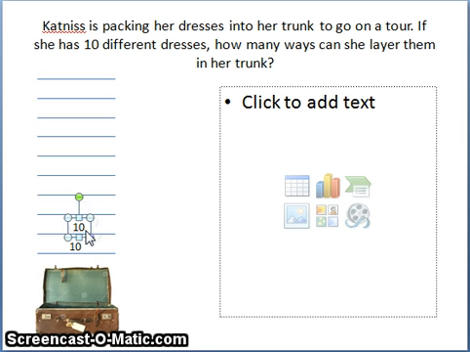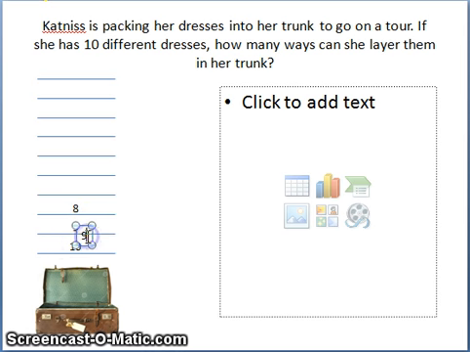After she's put one dress in, she still has to choose the next dress, but because she's already put one in, she only has 9 dresses to choose from now. Then she needs to put another dress in, and she'll only have 8 dresses from which to choose, because she's already put 2 in the trunk.